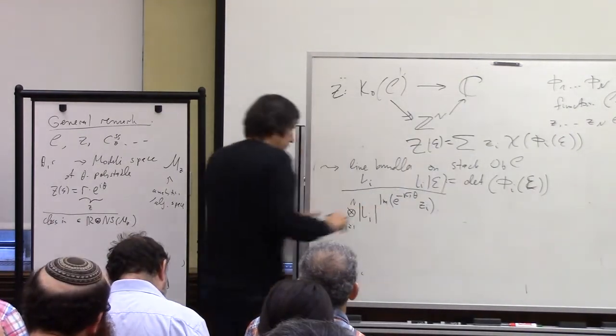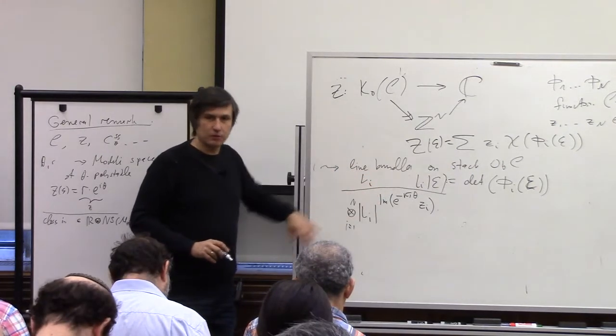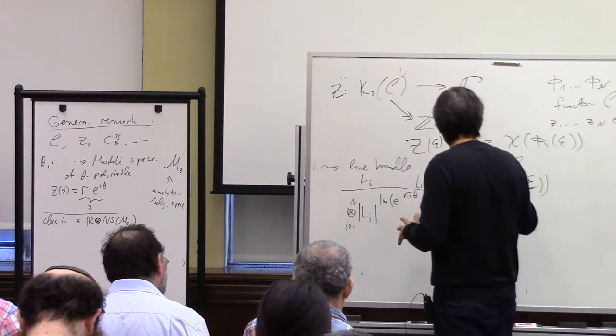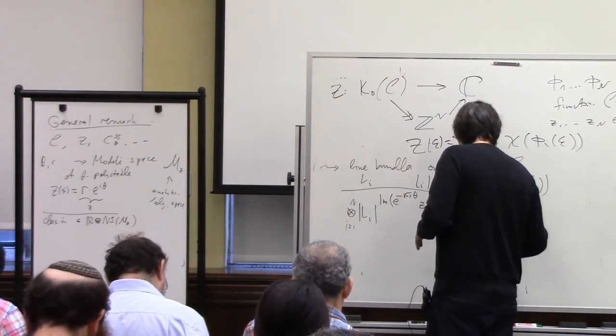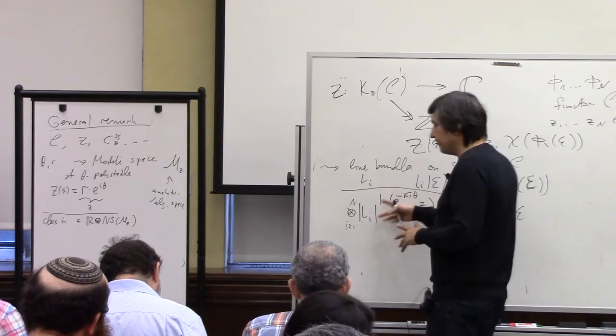You consider this tensor product, a real linear combination in the Néron-Severi group, and it's again a virtual line bundle on the stack of objects, but it's easy to see that dilations of objects act trivially on this.